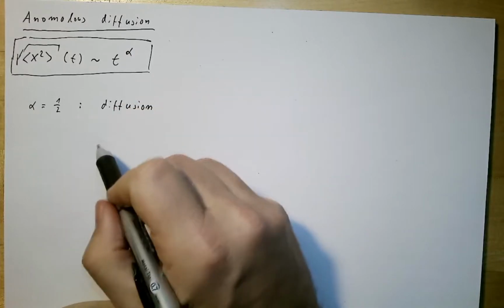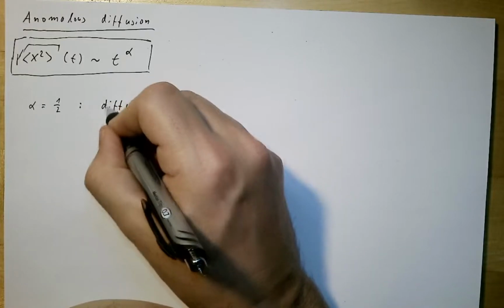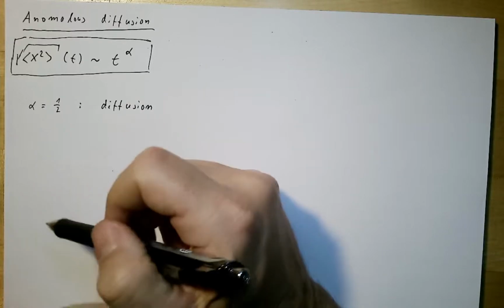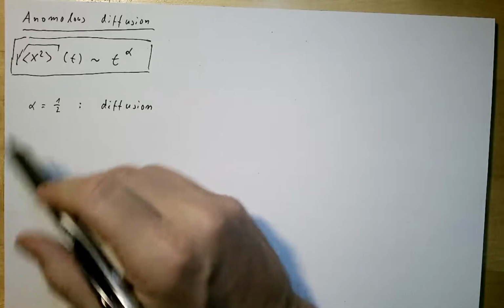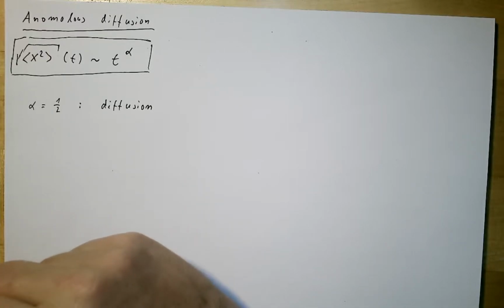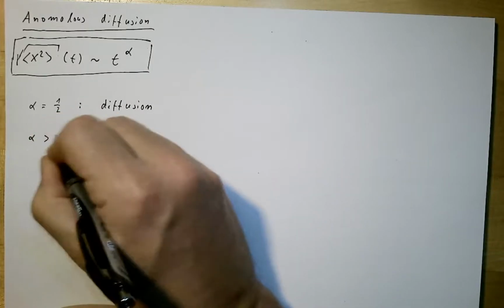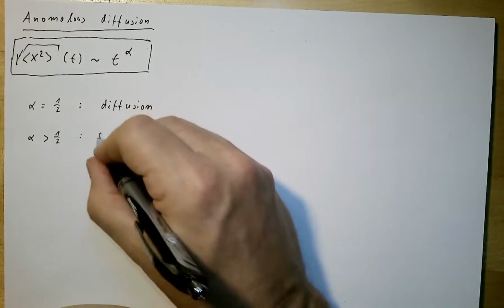This is the behavior we should expect, and the central limit theorem tells us that if everything is normal, if the increments of the walk are independent and uncorrelated, we should have diffusion, because we just sum up independent random numbers. But then I've shown you examples where this alpha was larger than 1 over 2, and this behavior we call super diffusion.